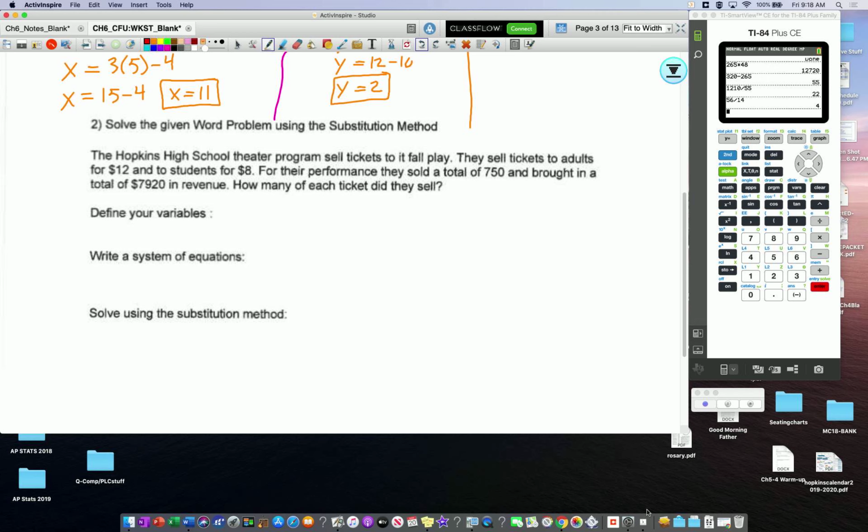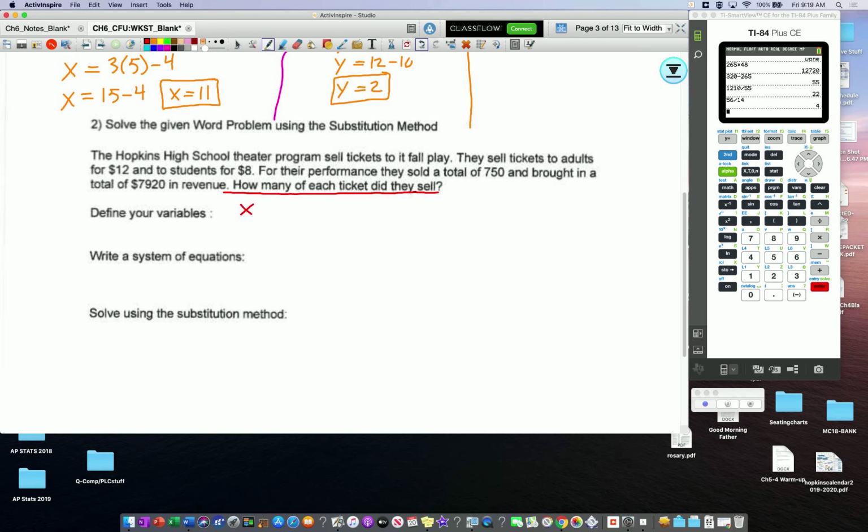They sell tickets to adults for $12 and students for $8. For their performance, they sold a total of 750 tickets and brought in a total of $7,920 in revenue. How many of each ticket did they sell? So what's nice is this kind of helps you dictate your variables. Okay? How many of each ticket?